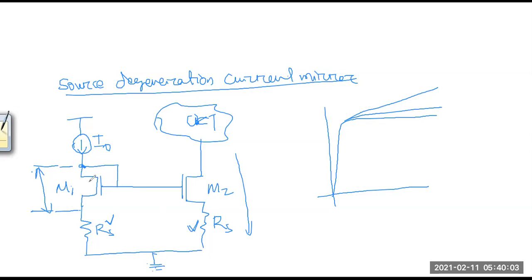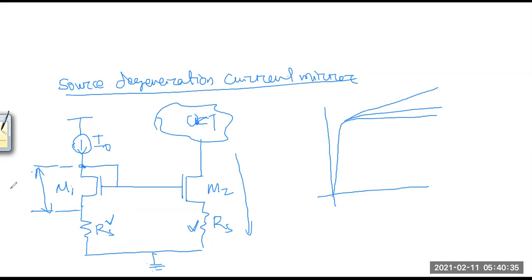If I give 200 millivolt, this will turn on. Then see, for this diode connected transistor, this is VT plus V on. So at least you have to give VT, because the drain is connected to the gate. If VT is not there, then it will not turn on. So VT plus V on. But for this transistor, this is V on. To make it saturation, V on is required. For this transistor, VT plus V on. Clear?